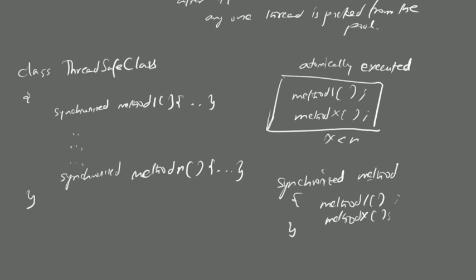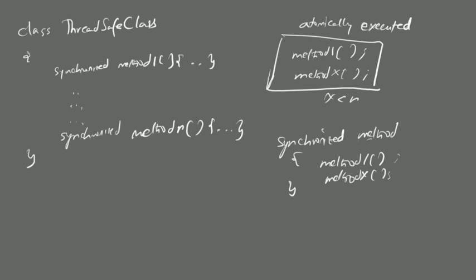So method 1 executes atomically and method X executes atomically, but it doesn't guarantee that if you have these two methods one after the other, these two methods would be atomically executed together. So if you want these two methods to be atomically executed, you need to have them in a synchronized method, so both of these would be atomically executed. So this is the solution for that. Thank you.